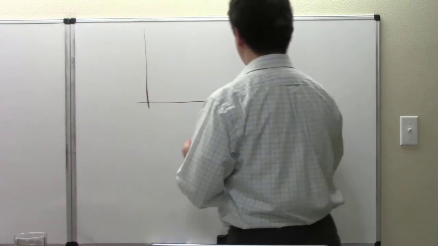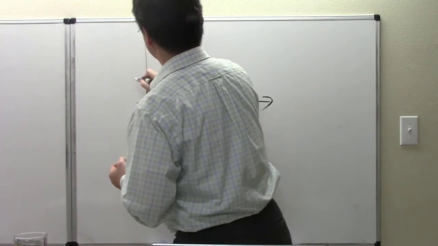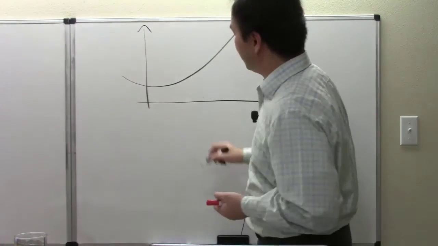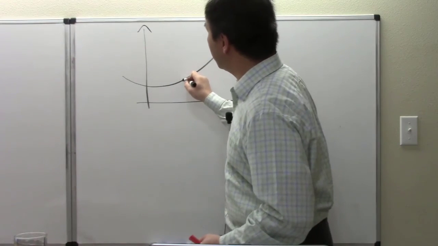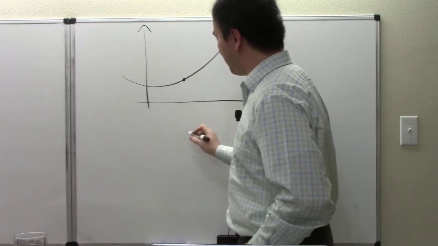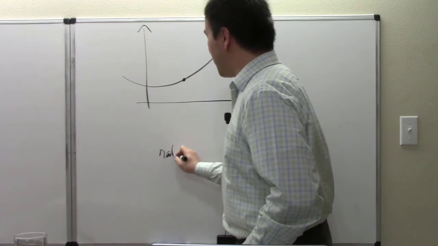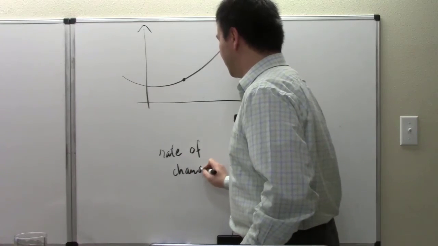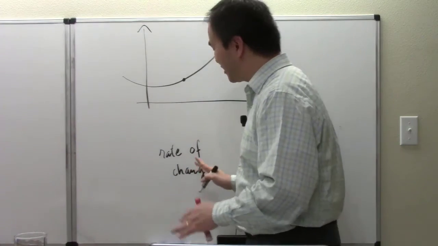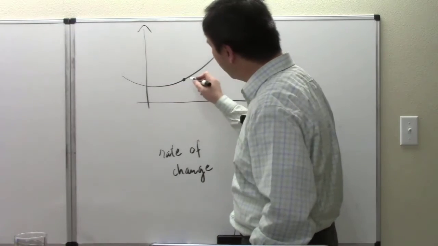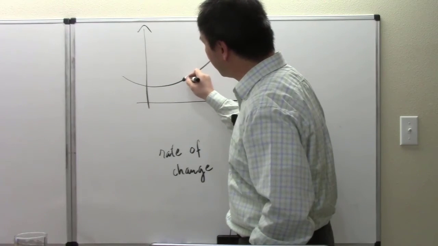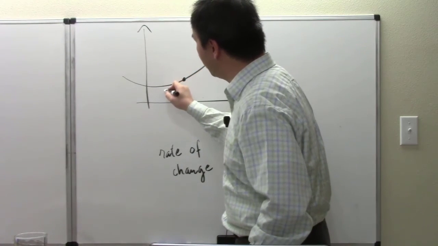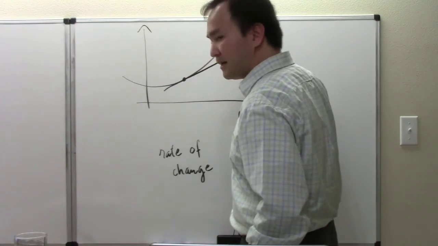Okay, let me draw a graph like that again. There's this kind of rate that I want to call a rate of change again. Okay, but start thinking into this. It is possible to think about a kind of rate where it only exists in one instance.